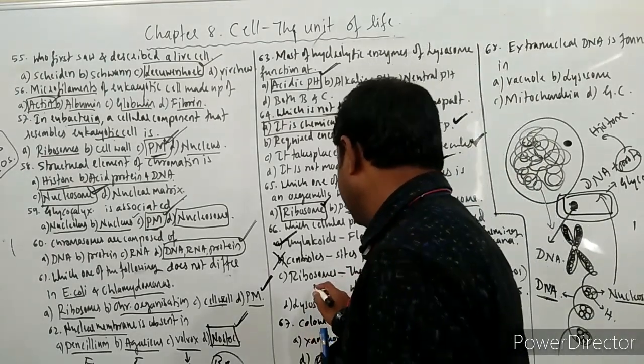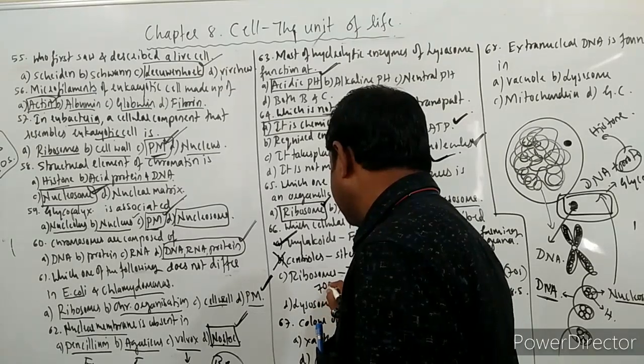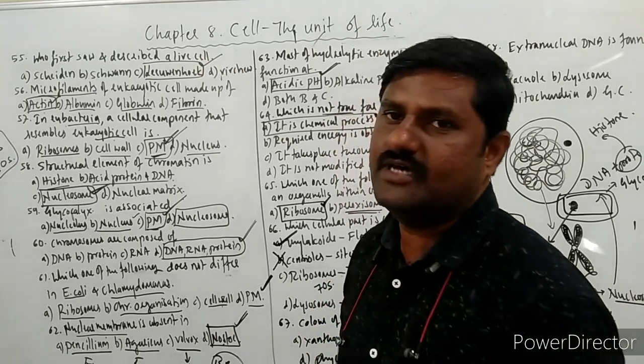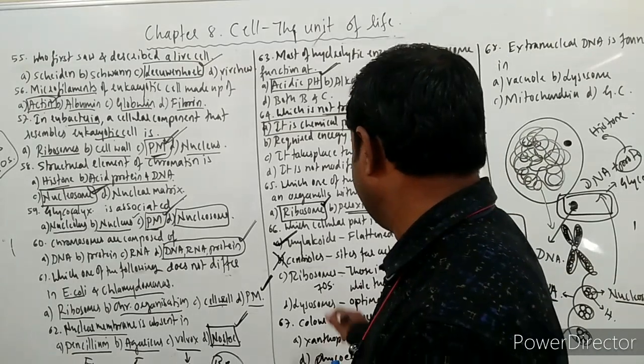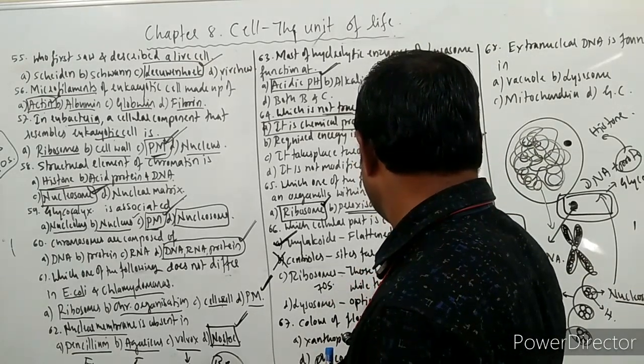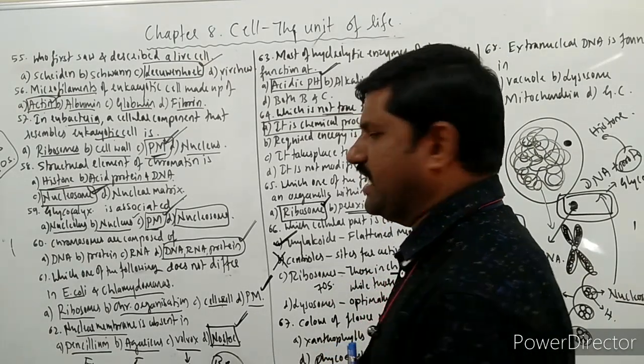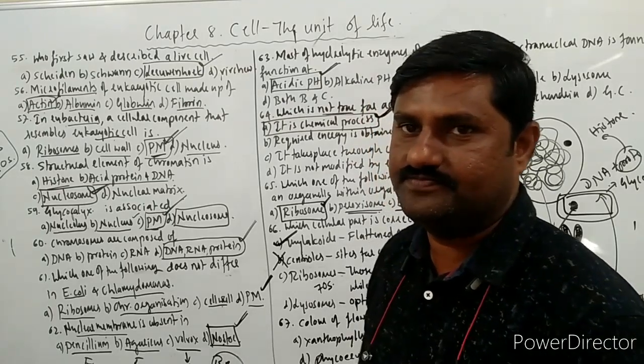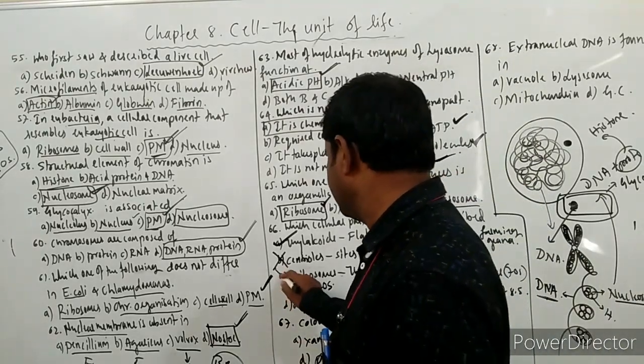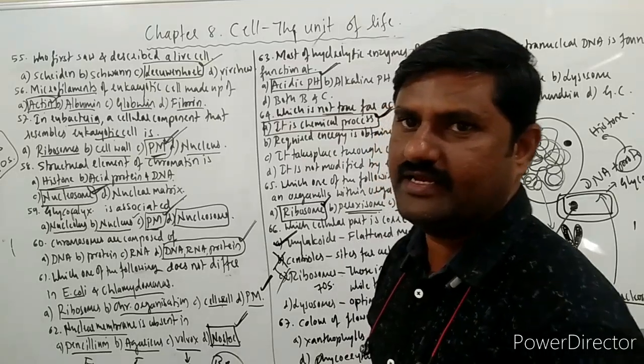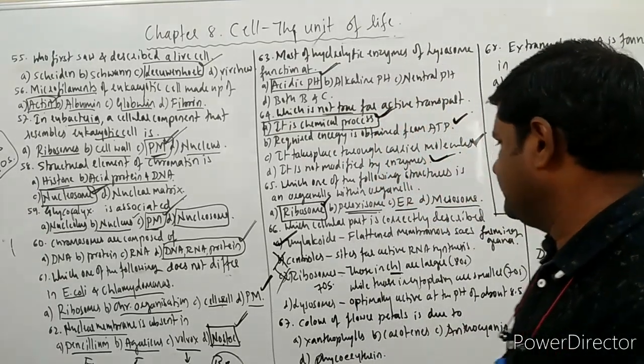They are smaller, that is about 70S ribosomal subunits, present in chloroplast, but 80S is a larger one. That's why this statement is also wrong, right? Let us go to the next one.